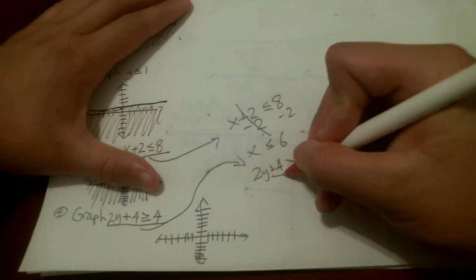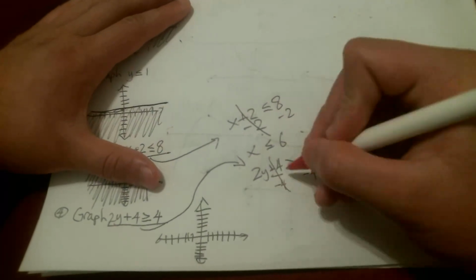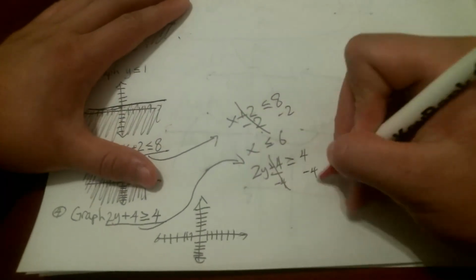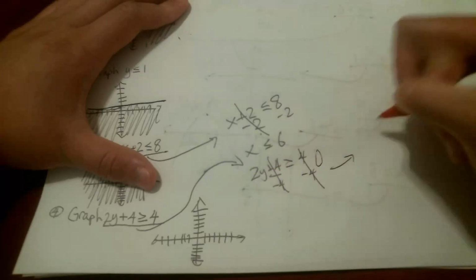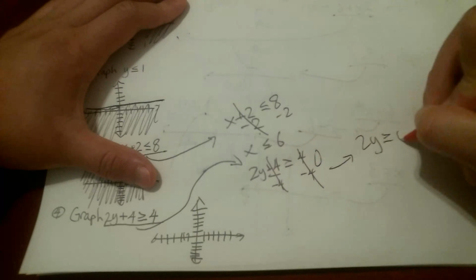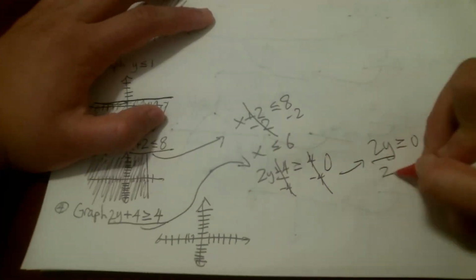So this one will be subtracting 4 from both sides. The 4s cancel out, and the other side just turns into 0 as well. That would leave us with 2y is greater than or equal to 0. Then we would divide both sides by 2.